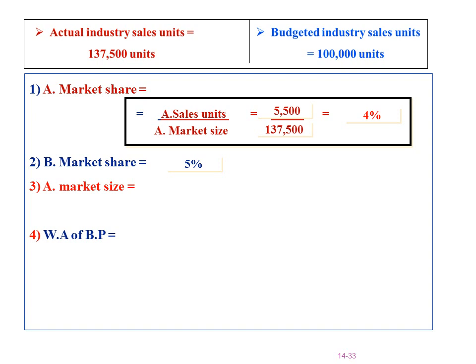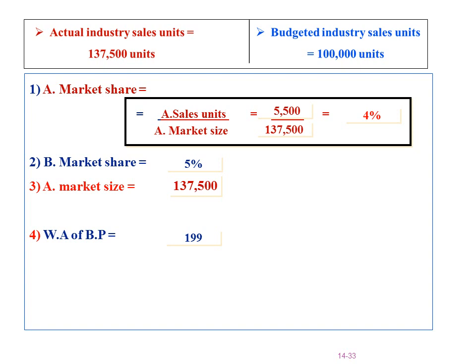It's not given, but it's calculated: 5%. Actual market size, here I have actual market size and weighted average. If you remember, 199 is calculated: the total budget sales revenue divided by the total budgeted sales units.